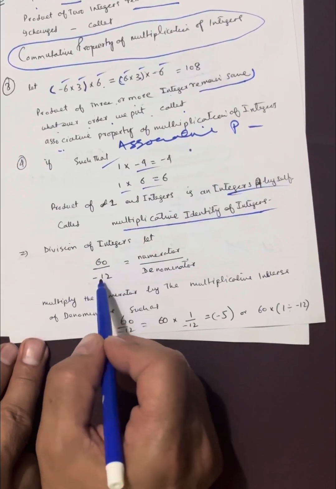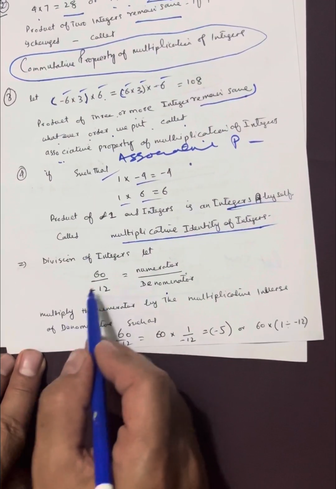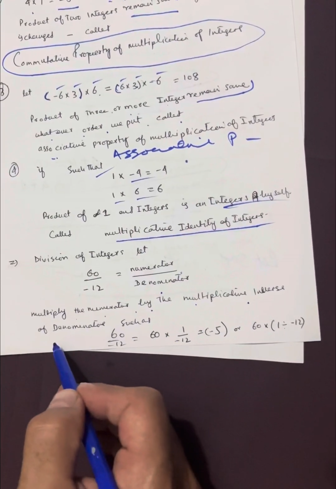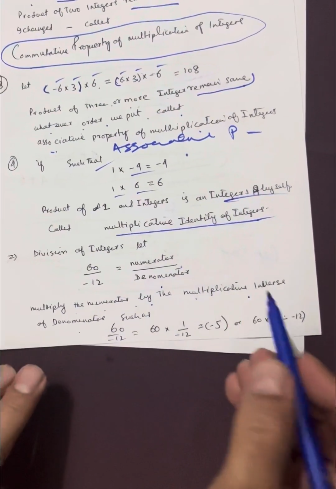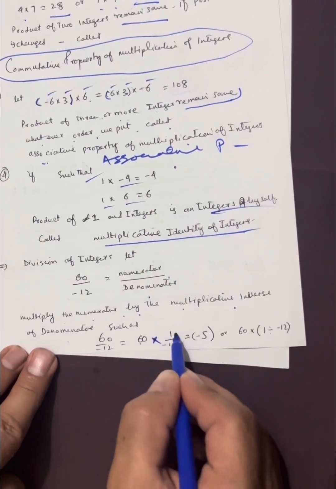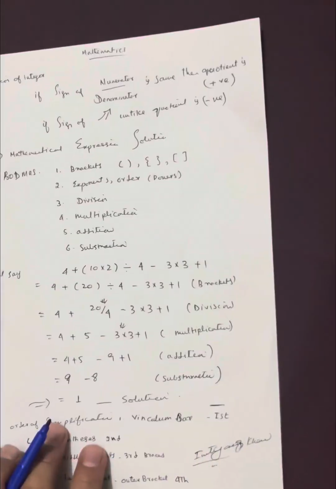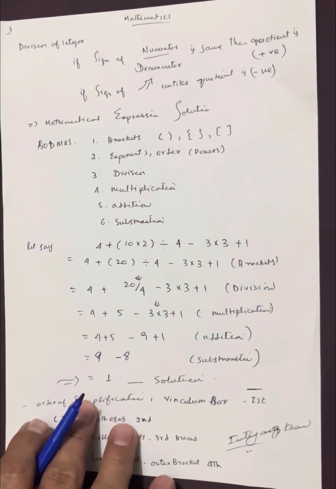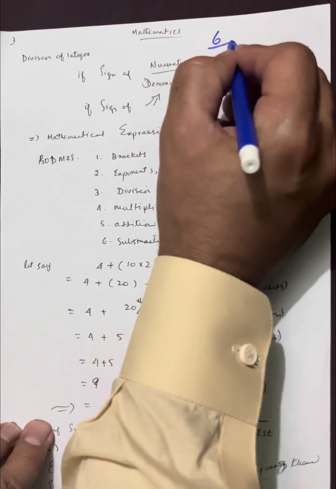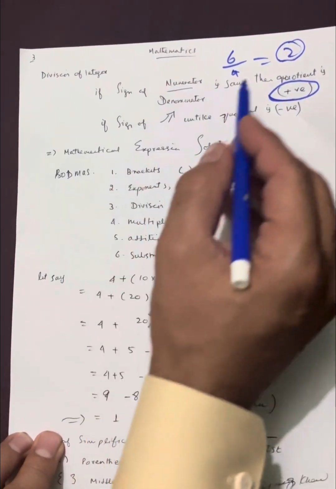Division of integers: 60 by 12, numerator divided by denominator. If you want the solution, multiply the numerator by the multiplicative inverse of the denominator, like 60 into 1 by 12, and you will get the number. If the sign of numerator and denominator is the same, the quotient is positive, like 6 by 3 is 2, always positive.